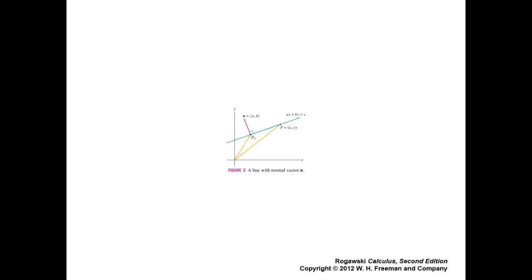Okay, find an equation of the plane through this point, P0 is equal to (3, 1, 0), with a normal vector, (3, 2, -5).